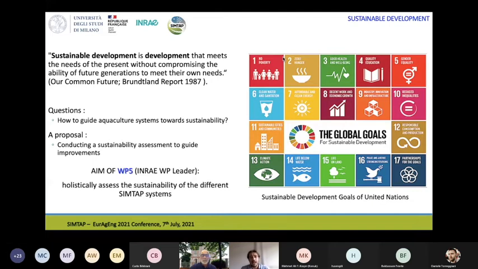Therefore, there is this intergenerational element which is essential to the concept of sustainability. Anyway, the aim of work package number five that we are conducting in this research project was to assess the sustainability of the SIMTAP system, to answer the question: how sustainable is the SIMTAP system?